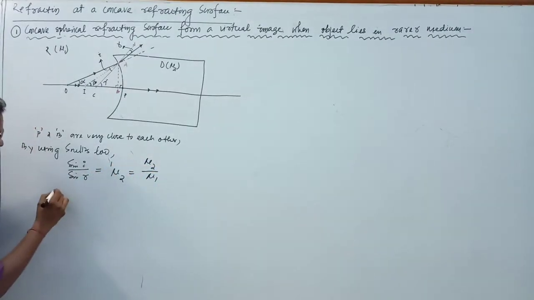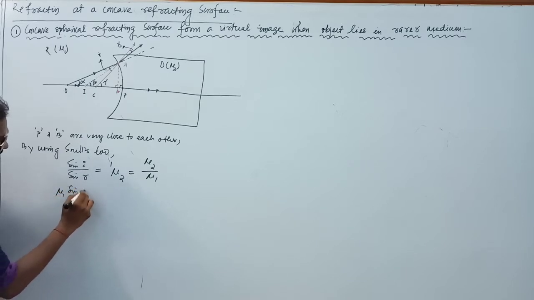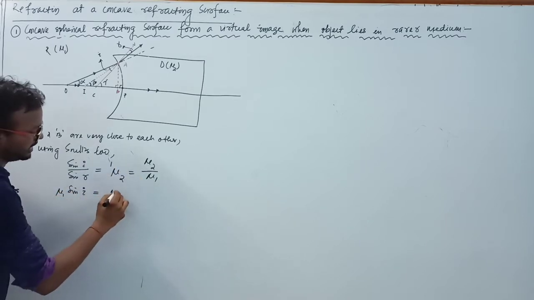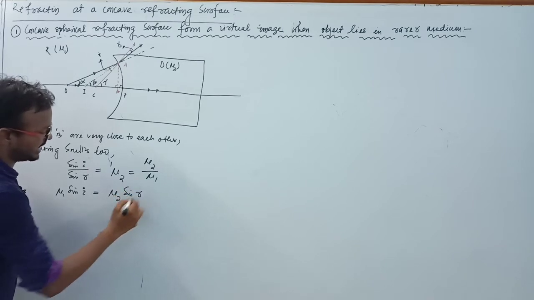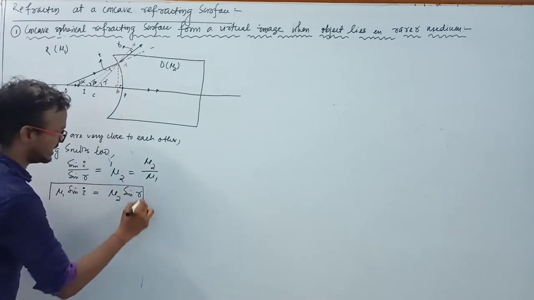If you cross multiply, mu1 sine i equals mu2 sine r. This is Snell's law.